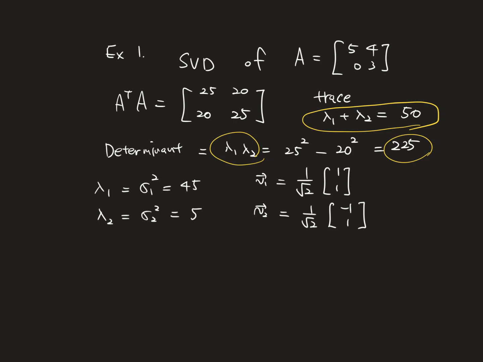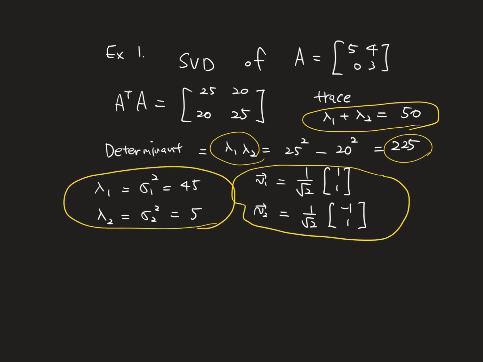So right now we have the V matrix already, and we know the singular values because we just take the square root of the eigenvalues. So the only thing we don't know is the U matrix, and you can find it using A V1, which is 5 4 0 3 times 1 over square root 2, 1, 1, which is equal to sigma 1 U1.